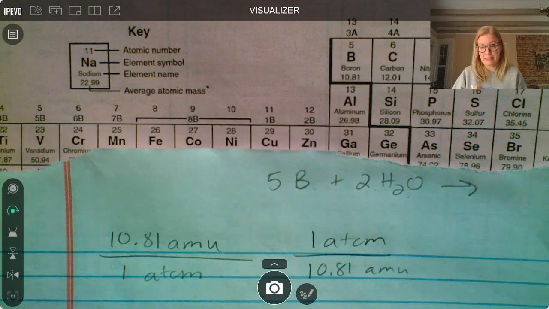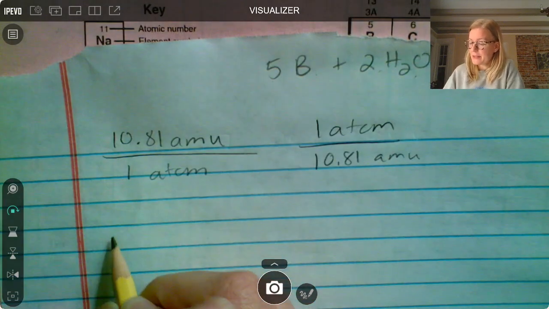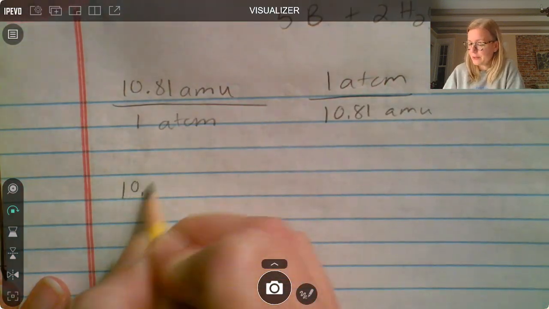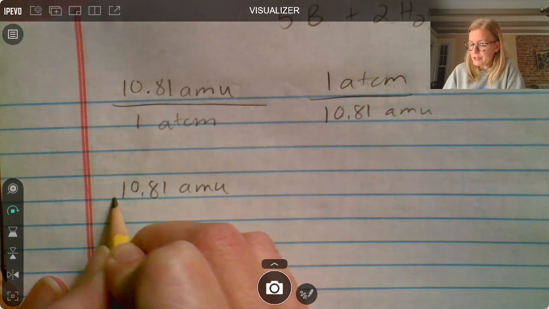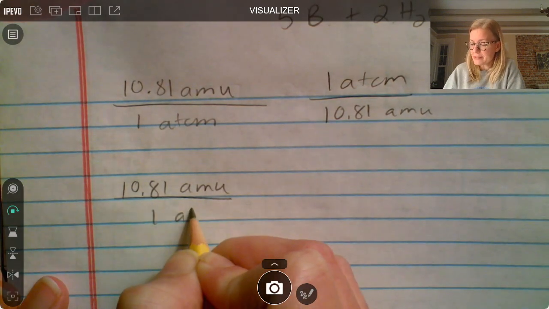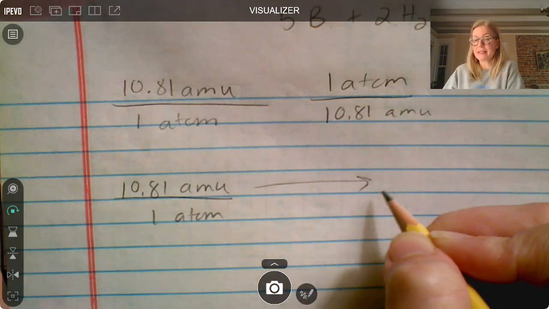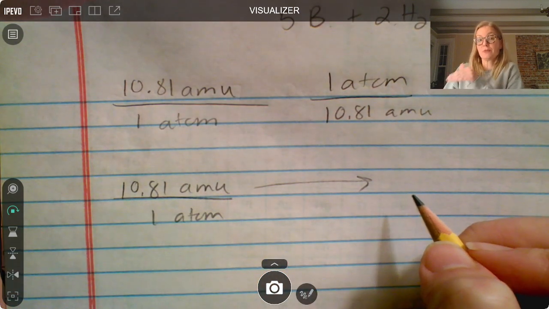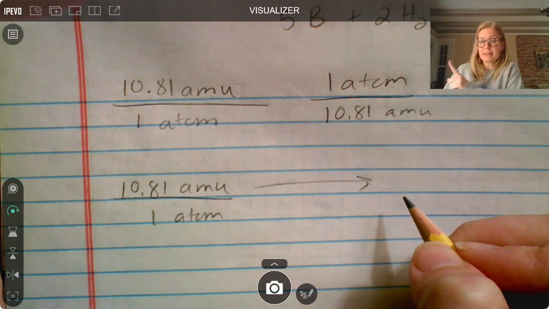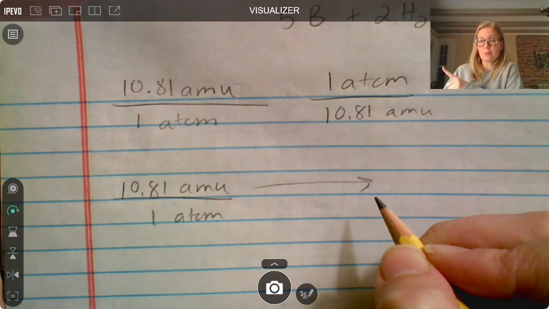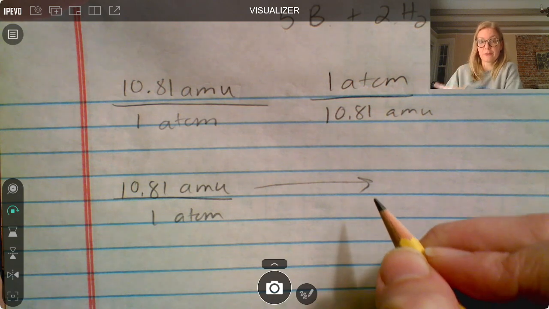And the reason is that they realized that if they took an AMU, which is a very small unit of mass, and they scaled it way, way, way up to a gram, there was 6.02 times 10 to the 23rd AMU in 1 gram.